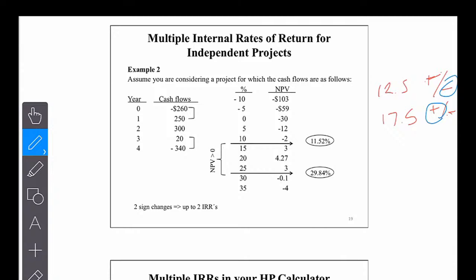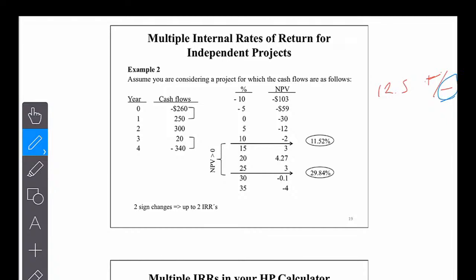What did I do? I did something wrong. Between 12, not 17.5, that would be, oh well. Let's see. So if it was negative, then you still have to go further. That was my point. If it's a negative, you have to go further.